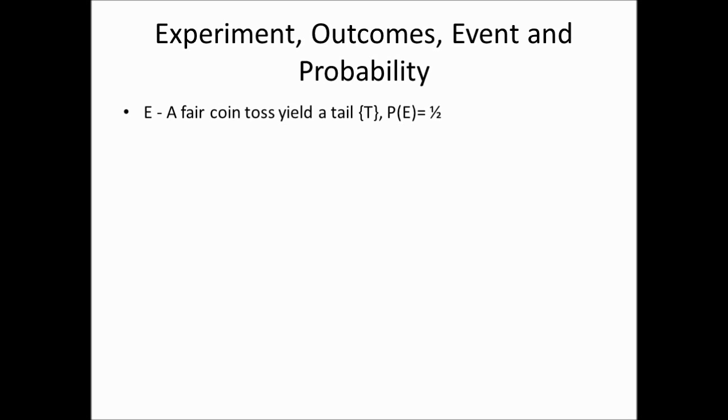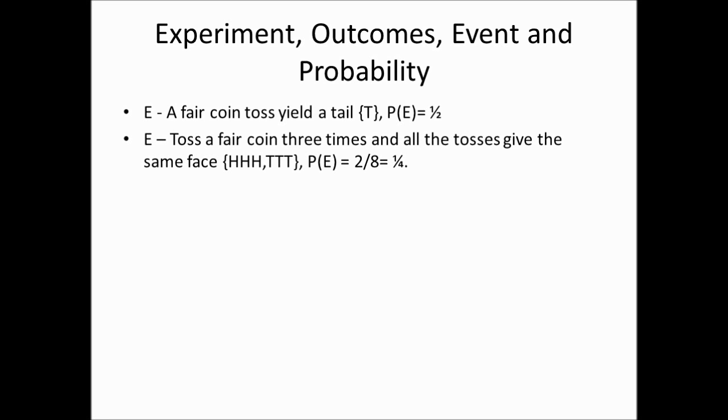Probability of getting a tail when you toss a fair coin is 1/2, one outcome favorable out of a total possible 2 outcomes. Toss a fair coin 3 times and all the tosses give the same face. So you have 2 out of 8 outcomes favorable to this event, so you have a probability measure of 2/8 or 1/4.